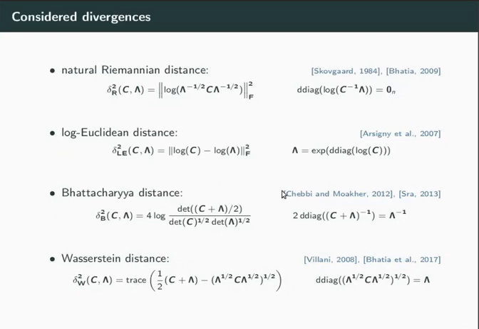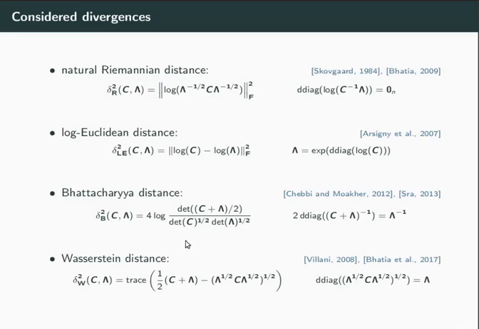And another distance is the Bhattacharyya distance, which is very interesting because it has very similar properties to the Riemannian distance, but it is cheaper to compute, and it is also more stable from a numerical point of view.